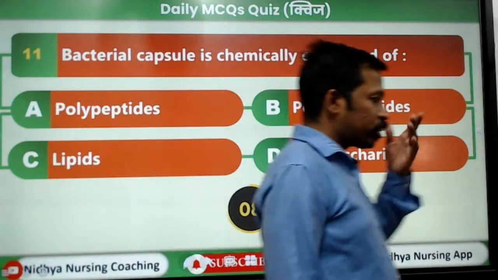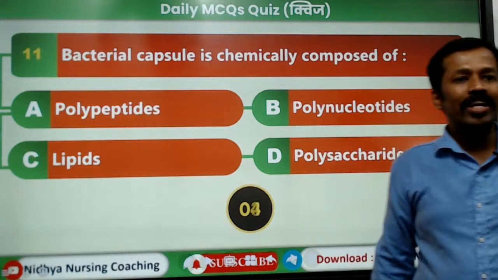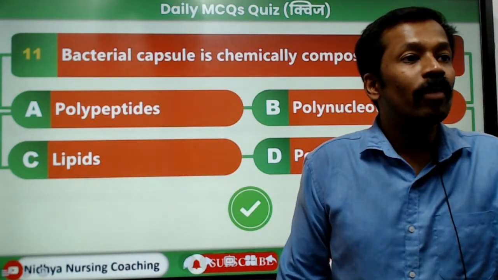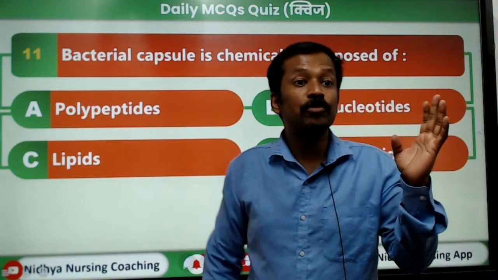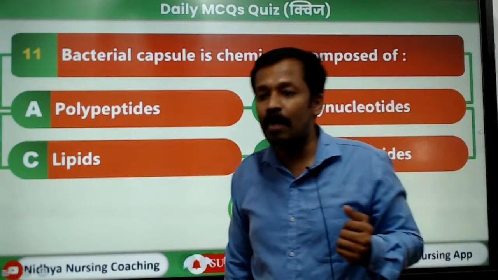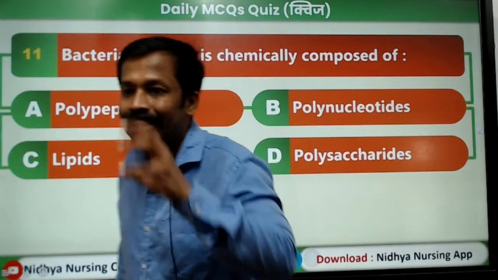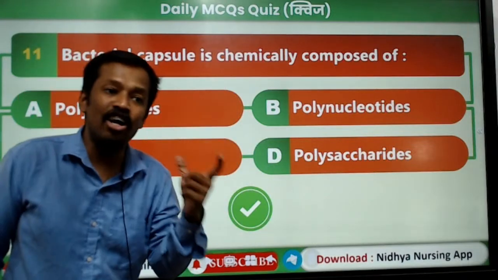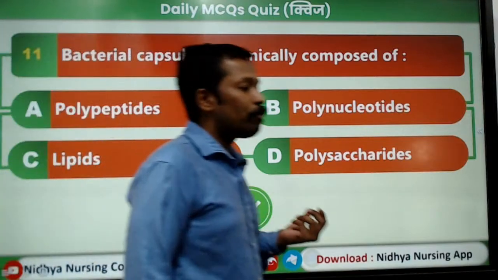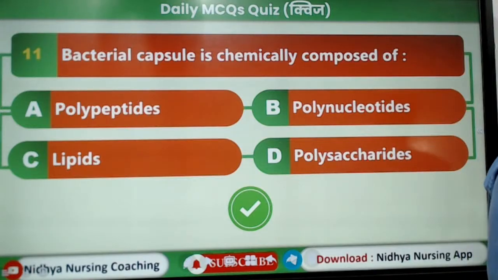Now, a direct question. Bacterial capsule is chemically composed of what? What do you mean by capsule? Yes, the covering layer or outer layer. So which is it made up of? Polysaccharide or polypeptide?